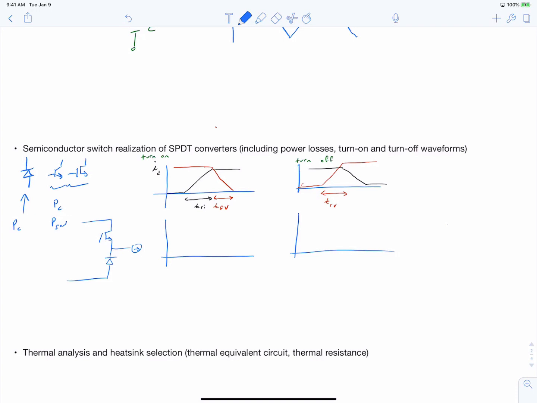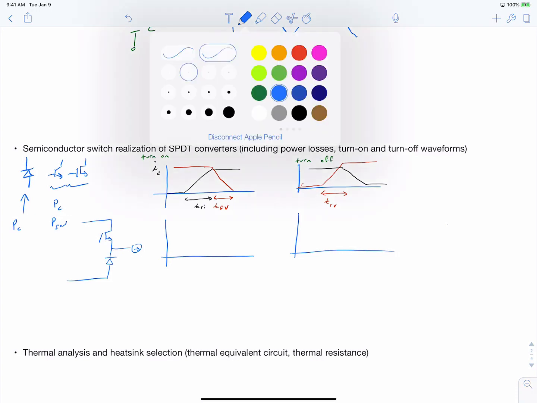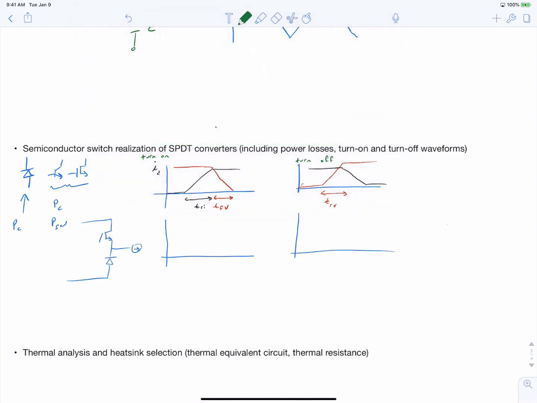So in the turn-on time, initially we had a delay time, which we labeled as TD on, during which our gate source voltage was charging up from 0 to the threshold value. At the threshold value, our gate source voltage continued to increase, but now our drain current was able to increase, and so this happened up to this point.